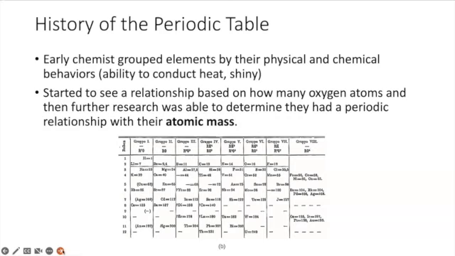But as they started doing that, they realized that they were also grouping them based on their physical and chemical behaviors and properties. So those same properties that we talked about in the very beginning of lecture yesterday.